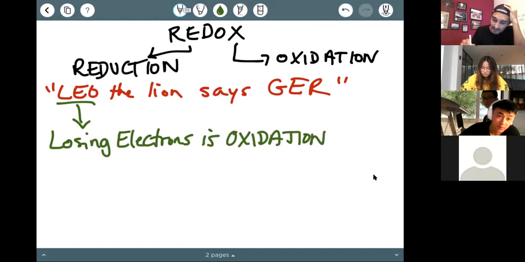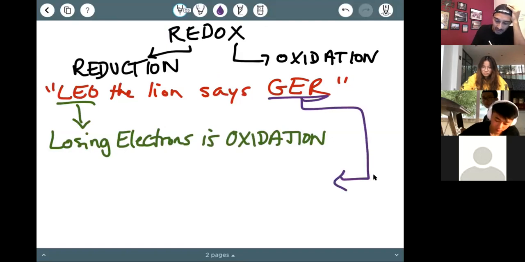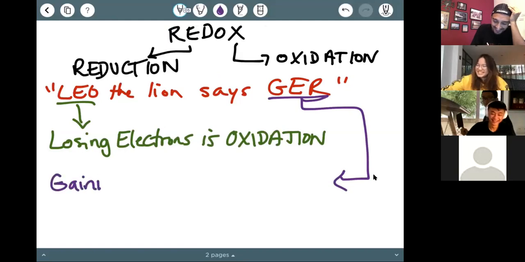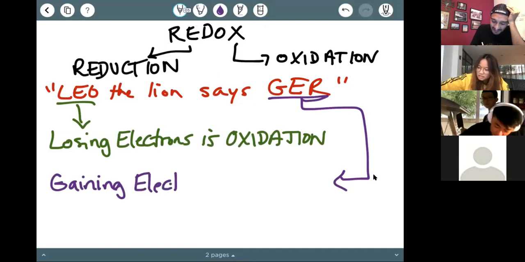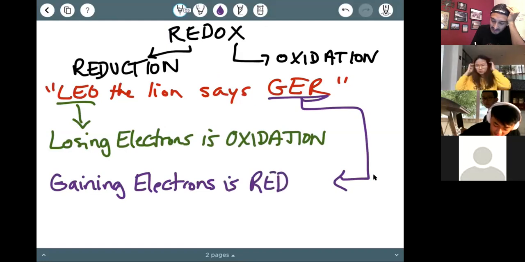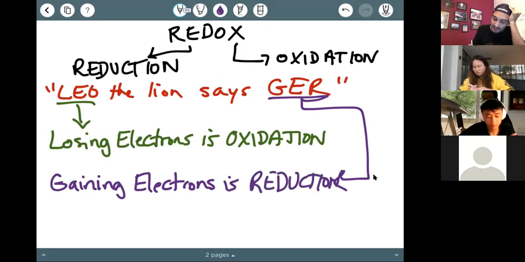Gaining electrons is reduction. Guys, I feel like I'm just writing on a whiteboard.